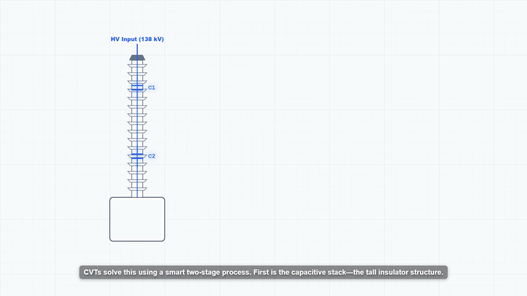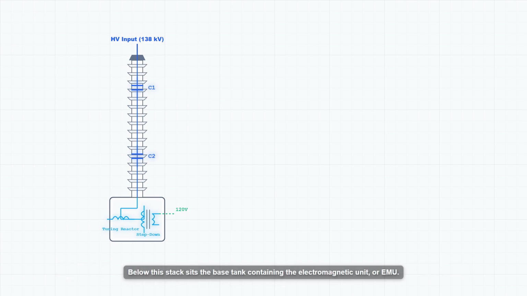CVTs solve this using a smart two-stage process. First is the capacitive stack, the tall insulator structure. Inside, capacitors C1 and C2 act as a voltage divider, stepping the massive grid voltage down to an intermediate level. Below the stack sits the base tank containing the electromagnetic unit, or EMU.